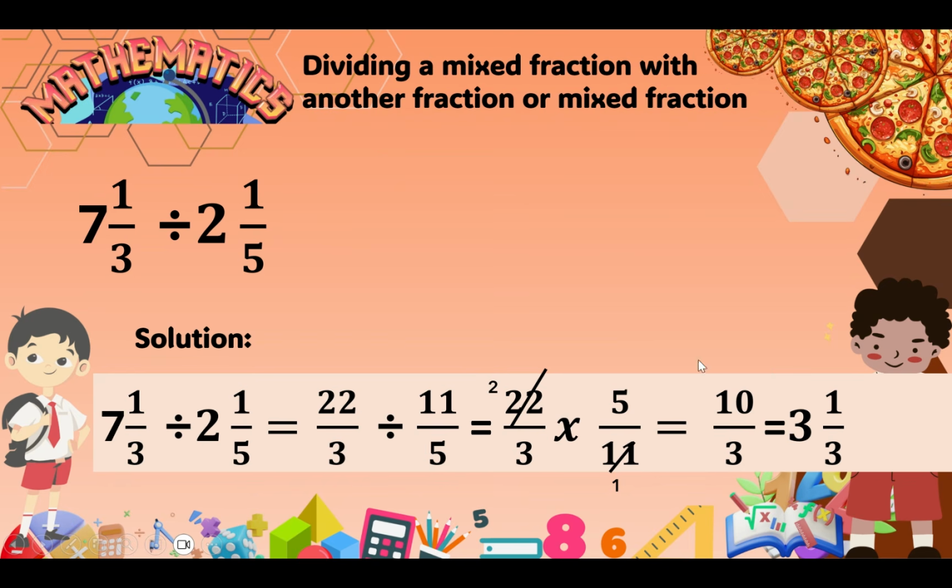It's an improper fraction. Change it back to a mixed fraction. 10 divided by 3 equals 3. And the remainder 1 becomes our numerator. And the divisor becomes our denominator. So the quotient is 3 1/3.